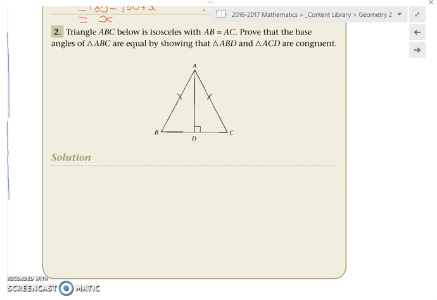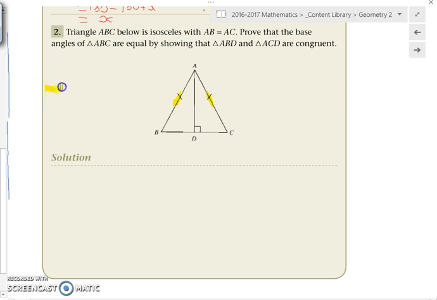Okay, what I've always said whenever you're doing congruence tests, it's nice to have a bit of a plan so that you're not running around in circles. So have a look at the information they've given you. What information have they given you? Well, we know it's an isosceles, but we're proving some of that. So we know this bit. They've given us that side.